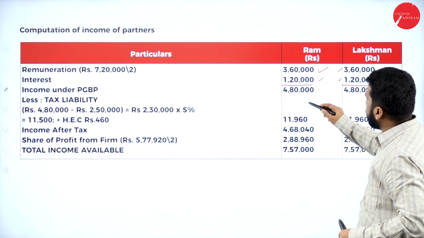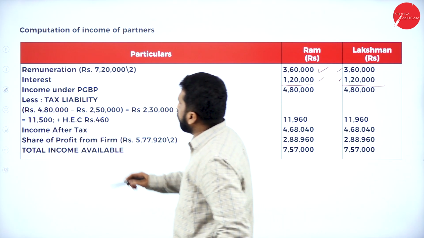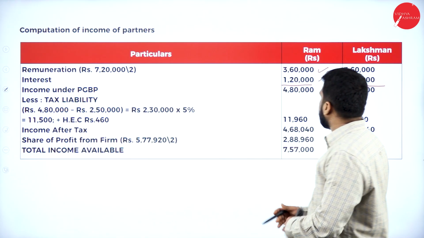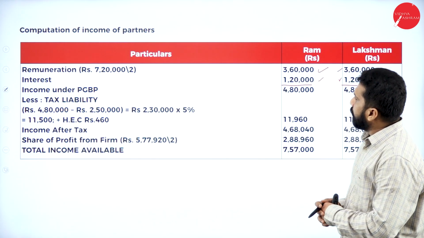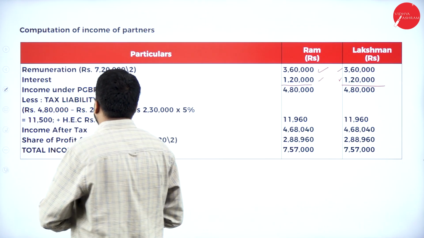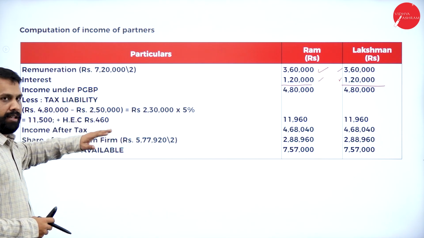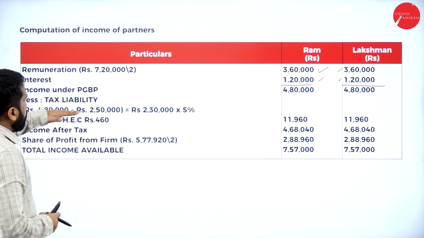On 4,80,000, you calculate tax up to 2,50,000 nil, above 2,50,000, 5% tax. So if you calculate tax, it will be 4,80,000 minus up to 2,50,000 nil. Remaining is what?